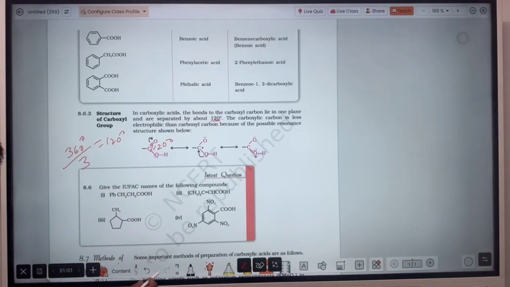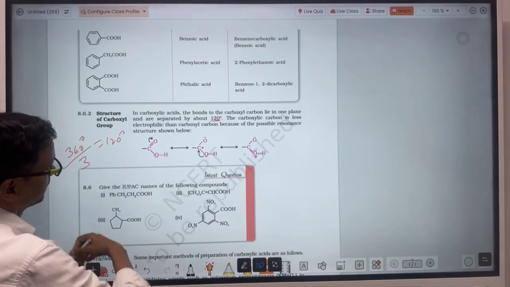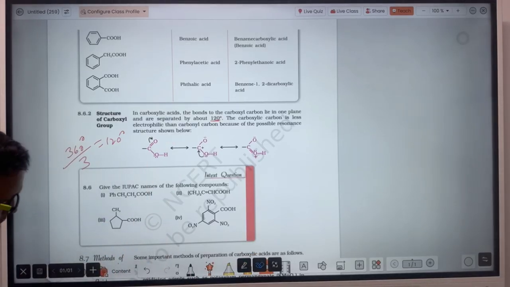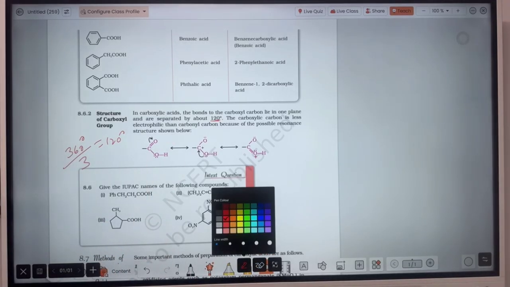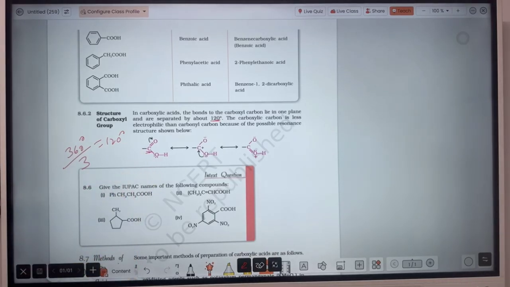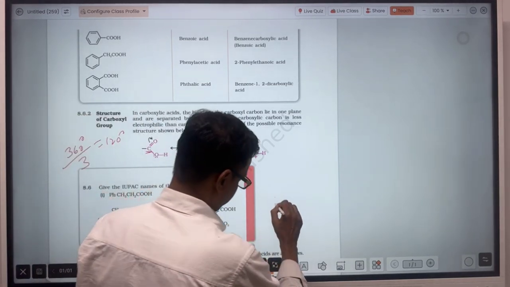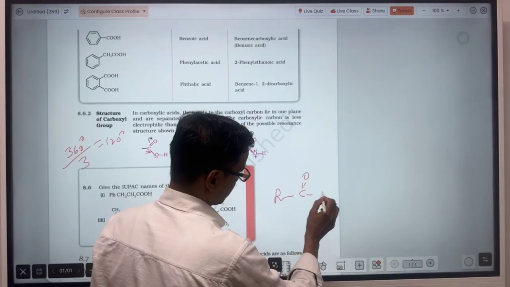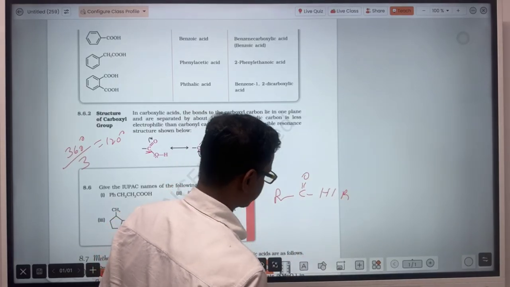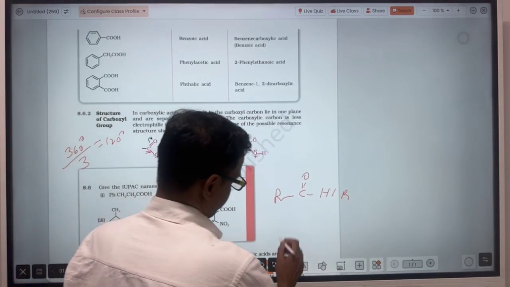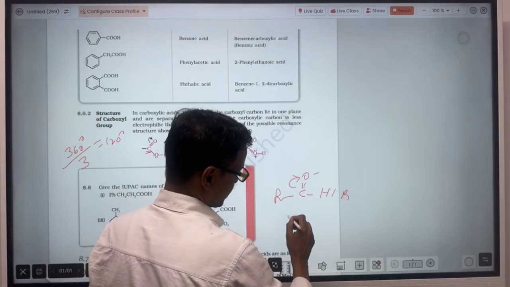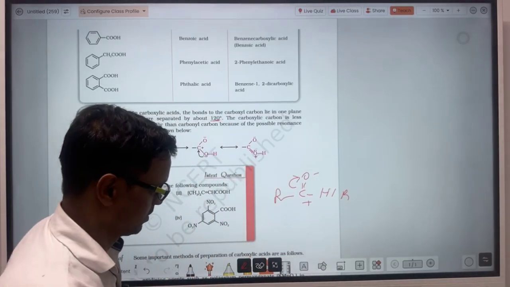The second point is telling that in the case of carboxylic acid, this carboxylic carbon is less electrophilic than the carbonyl carbon. Why? Because in the case of a carbonyl carbon, like R C double bond O, with H or R here, when this oxygen takes the electrons, there will be a negative charge on it and a positive charge here.